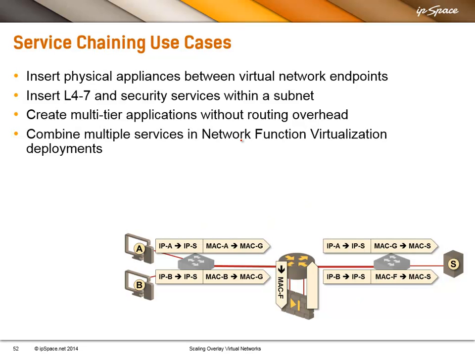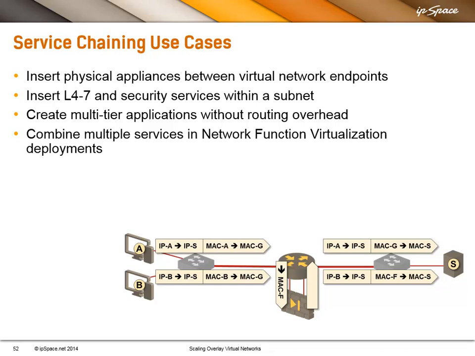Let me briefly run through what service chaining is and what the use cases may be. You may want to insert some physical appliance like a firewall between virtual machines, or you may want to insert some network services or security within a subnet, or you may want to create multi-tier applications, but you don't want to split them in subnets, you don't want to have the routing overhead.